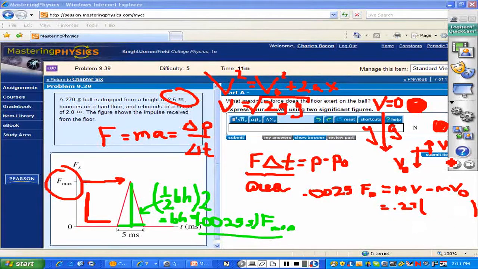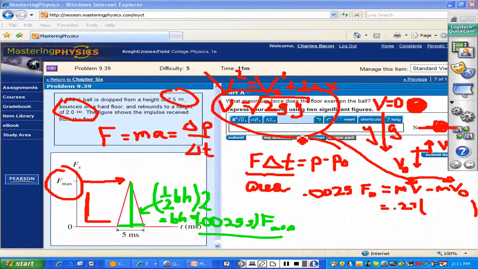And then, in order to go up from 0 back up 2 meters, because that's where we rebound to, we're going to have a velocity at the bottom equal to the square root of 2g times that 2 meters, for it to rise back up to this position here where it has 0 velocity again. So that's what goes in. Use this formula to calculate the speeds that go in here, striking the ground and rebounding.